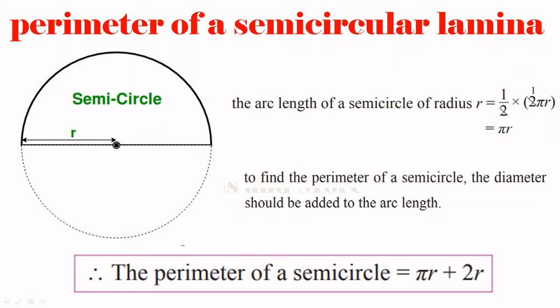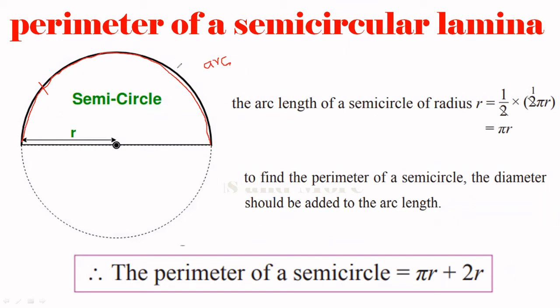So what is called a perimeter? Perimeter means length around the figure. So what about the perimeter of the semicircle? You have to consider this arc. There's a curved line. You have to take this line. That is called an arc. Can you remember at the beginning of the lesson, I recalled the names of the parts of a circle.